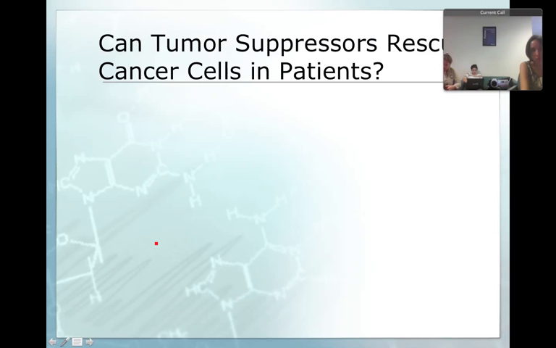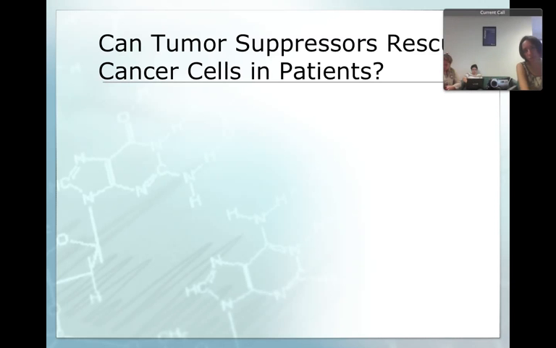Okay? Now, one of the things that was and is a very active area of research is the question of whether or not tumor suppressors can rescue cancer cells in patients. Because that would be a good thing, right? Presumptively, if someone has cancer because they have a p53 mutation, we should be able to give it back and they should be better.